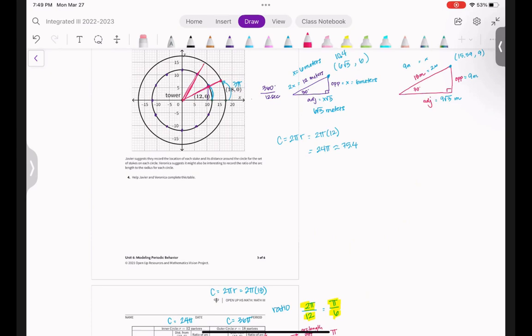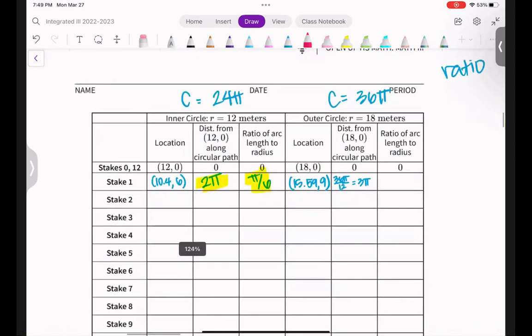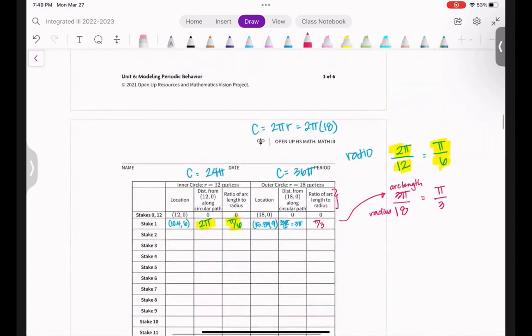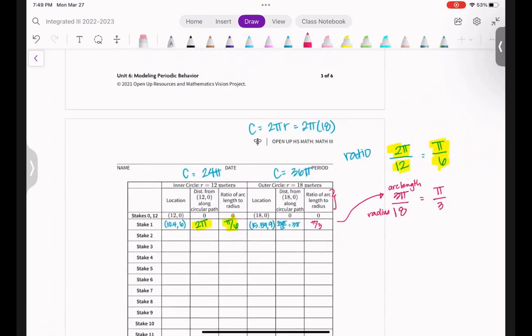So if you can, number 1, draw the triangle, label your triangle, and then start filling in your points, your distance along the path, and then the ratio of arc length to radius. Just follow my steps. It's going to feel a little funny, but the ratio of arc length to radius is going to make sense in a second. I promise. I want you all to practice this because this is one of those big deals. So go ahead and pause it and see if it makes sense. Then come back to me and I'm going to do number 2.